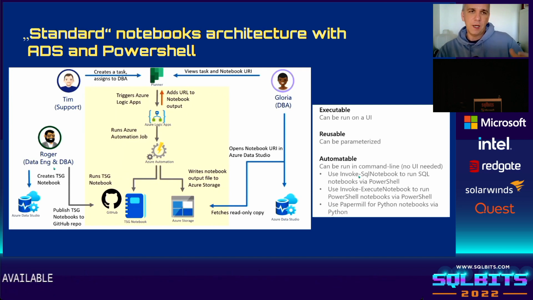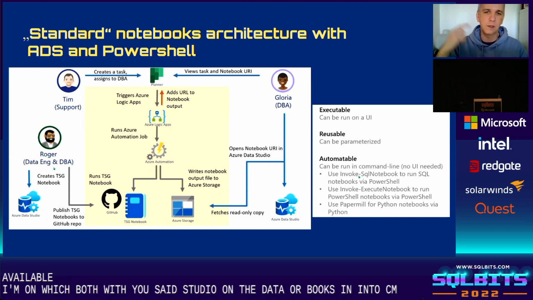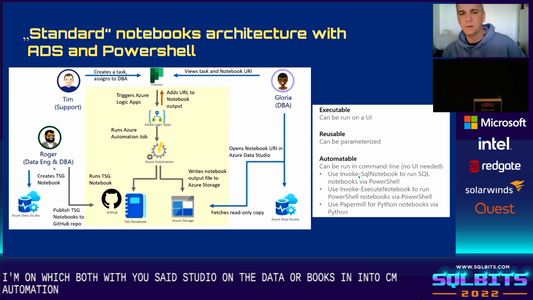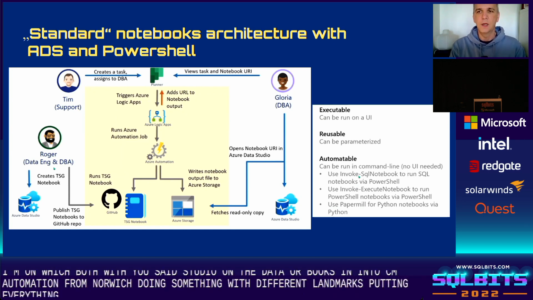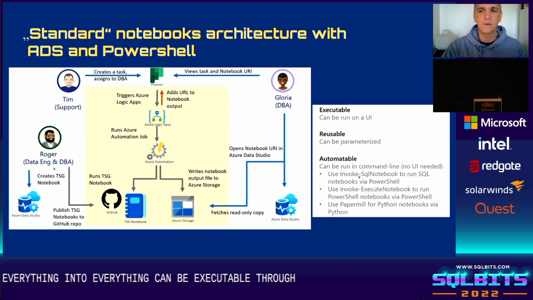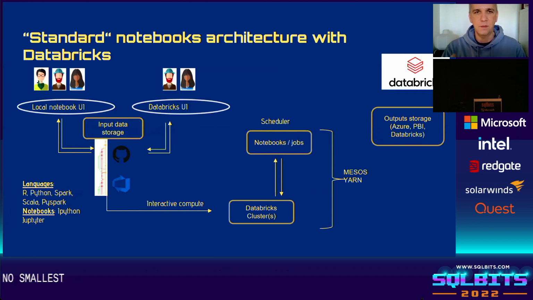So essentially, you would have some DBAs on two sides, which both would use Azure Data Studio, and then they will push the notebooks into some type of planner, and then this planner will do all the automation for them. So again, taken from storage, doing something with different notebooks, pushing everything into GitHub. Everything can be executable through user interface or from command line, flawlessly with no problem at all. Since we're talking about PowerShell, PowerShell is super awesome, and everything can be run immediately.